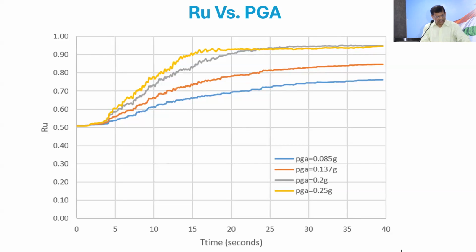So you can see that RU is crossing that 90% when we are going to 0.2 G. So for that particular site, 0.2 G is critical. If you go beyond 0.2 G, then definitely there will be some trouble. So that's the first screening we do, and then we see which one we will focus on.